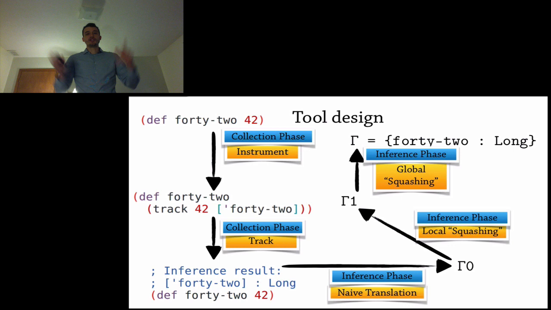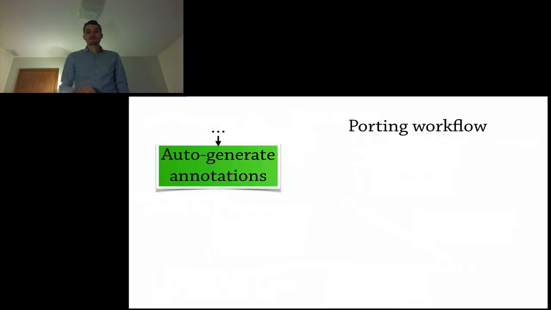And global squashing performs a similar idea, except it finds types that are spread across the type environment and brings them together so they're all in one place. So both of these squashing algorithms make the type environment smaller and more comprehensible.